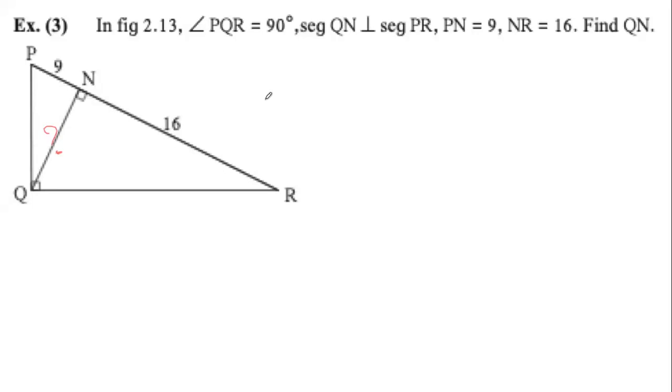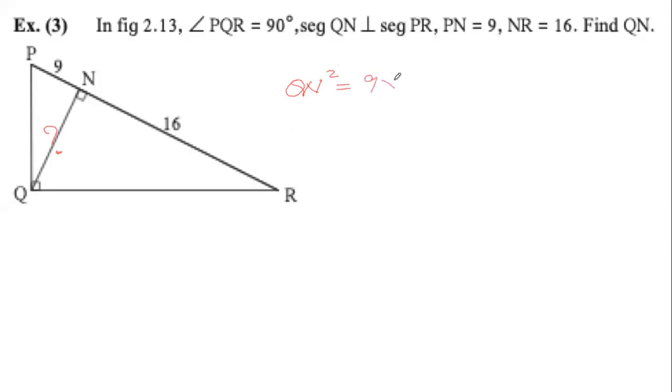This is a very, very direct question which uses the theorem of geometric mean, because we have a right angle triangle and we have drawn QN, which is an altitude onto the hypotenuse. We understood from the theorem of geometric mean that the square of the length of that altitude will be equal to the product of the parts of the hypotenuse that it divides into.